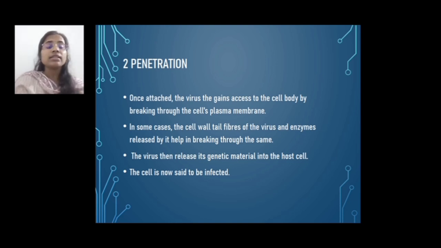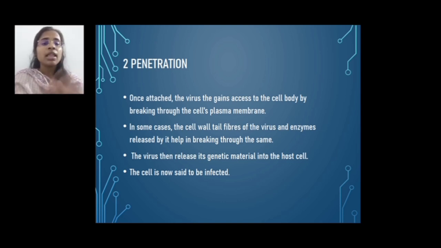Once the virus gains access to the cell body by breaking through the cell's plasma membrane, it starts its process. In some cases, the cell wall, tail fibers of the virus, and enzymes released by it help in breaking through.